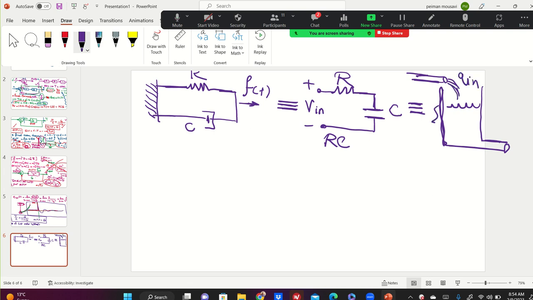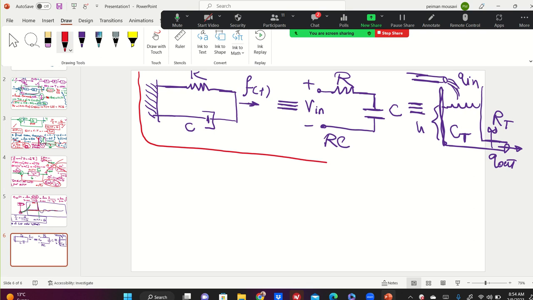Here is the height of the water and the Q out. You have a resistor here, R of tank, and a capacitance here, C of tank. I'm going to show it by MATLAB Simulink and by mathematics theoretically.